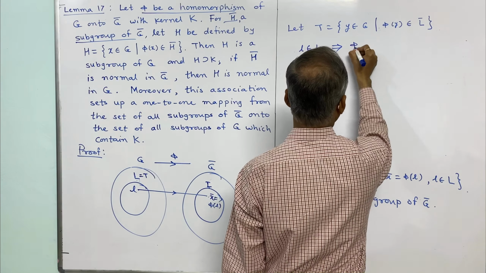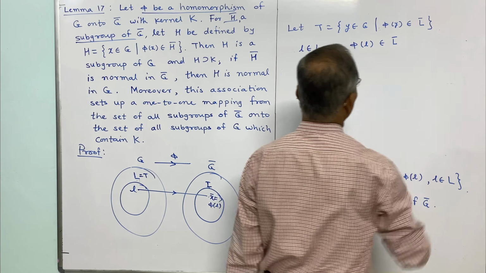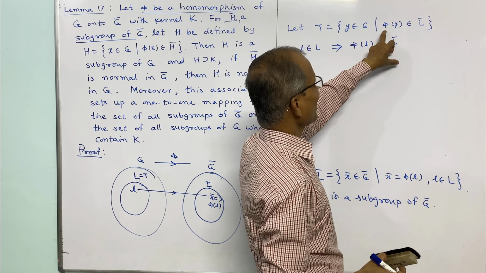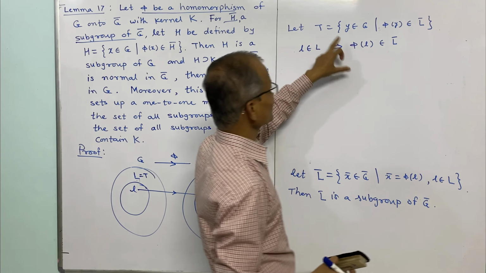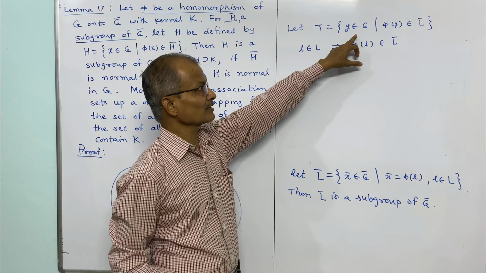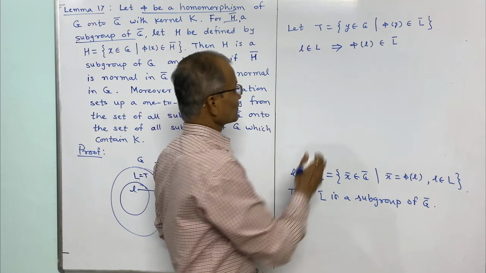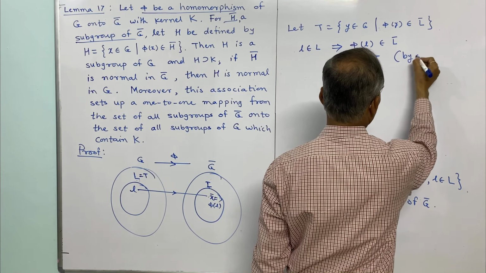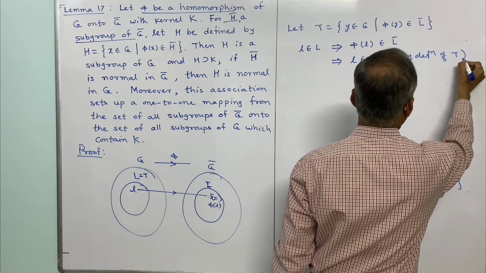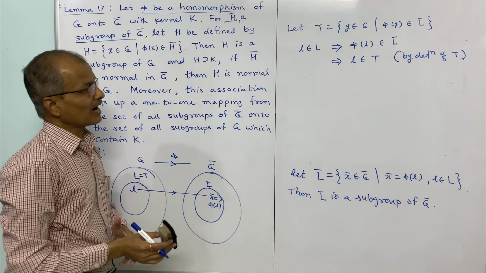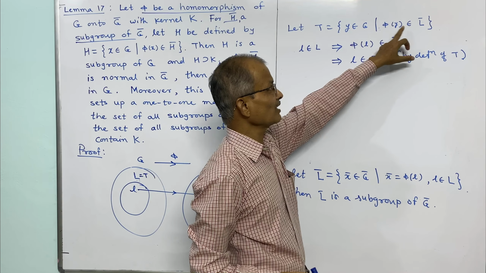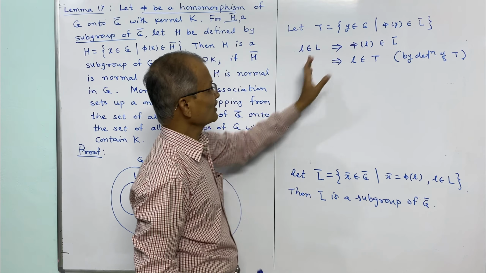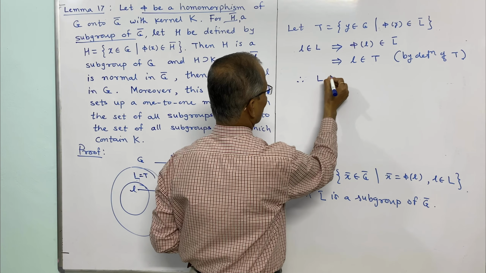By the definition of T, those elements y in G whose phi image is in L bar, l must be in T. Thus this shows that L is a subset of T.